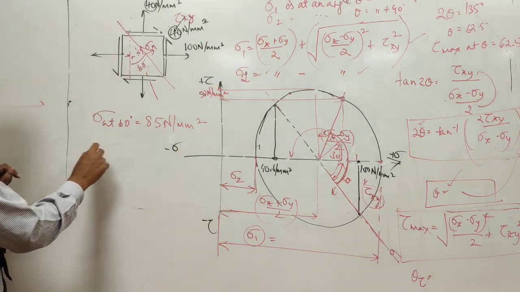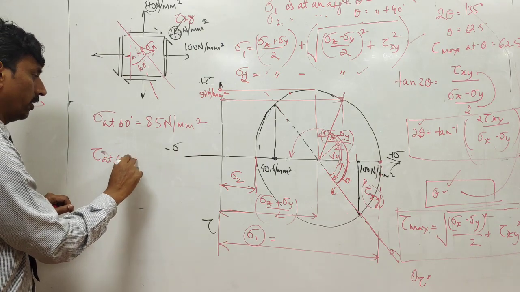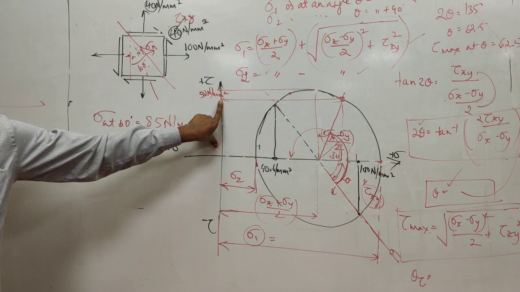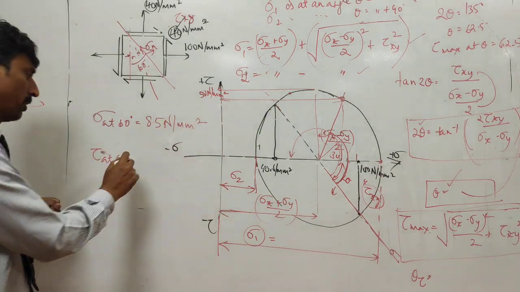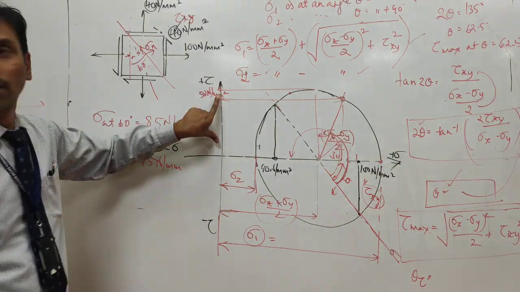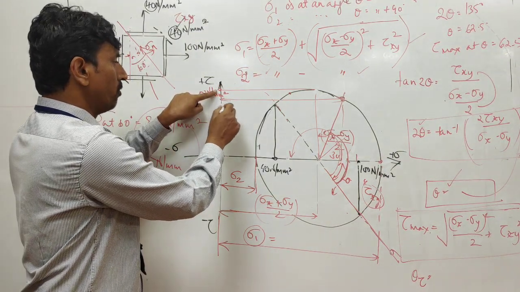And then tau at 60 degrees is around 45 or 40, something like that, 45 Newton per mm square. The value that you write depends on how precisely you mark this.